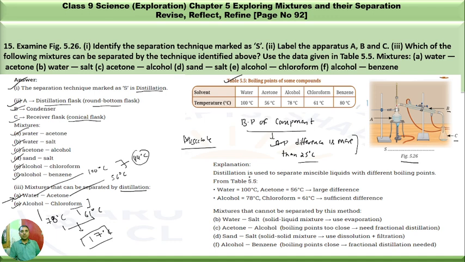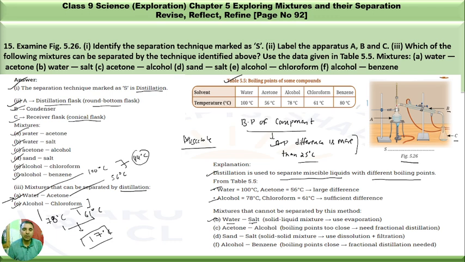So let's see what is written in the explanation part. Distillation is used to separate miscible liquids with different boiling points, as we have seen. We have already talked about the boiling point difference in both the cases. Among the mixtures that cannot be separated by this method, we have the water and salt mixture, where salt is solid and water is liquid.